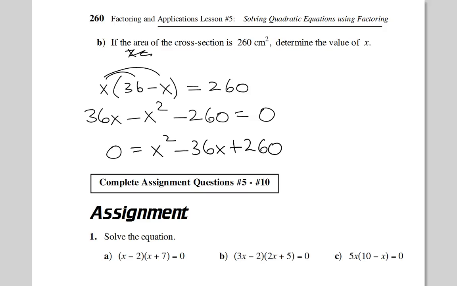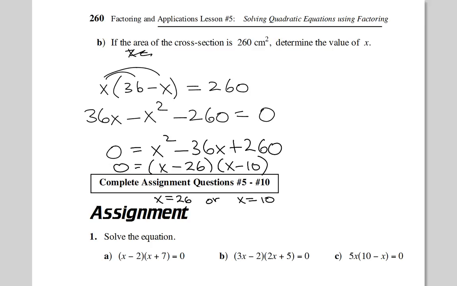Oh, that was easy. That was an easy one because it ends in 10. So x minus 26 and x minus 10.